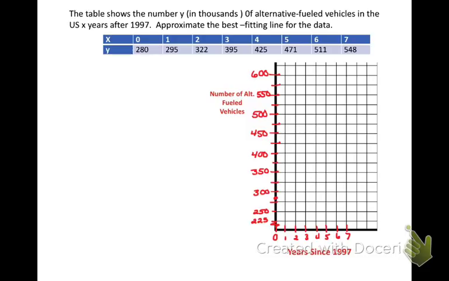You're doing a little bit of estimating here. 1, 295. 2, 322. 3, 395, 4, 425, 5, 471, and 6, 511, and 7, 548.